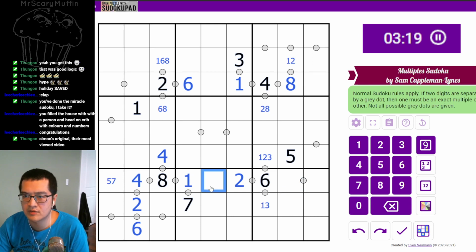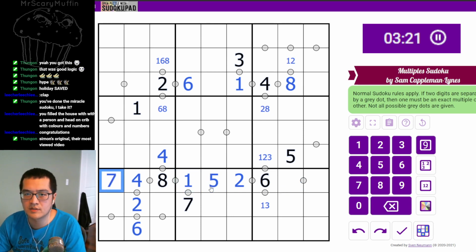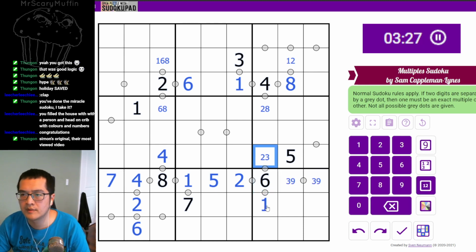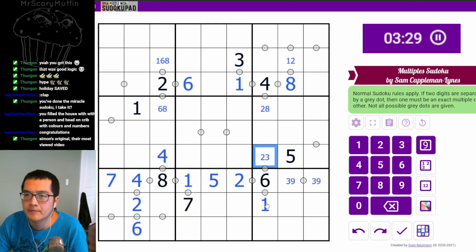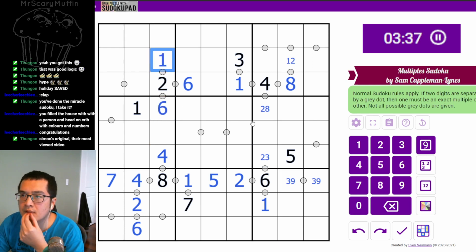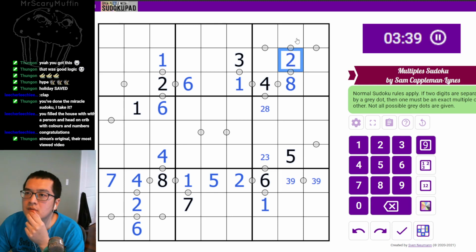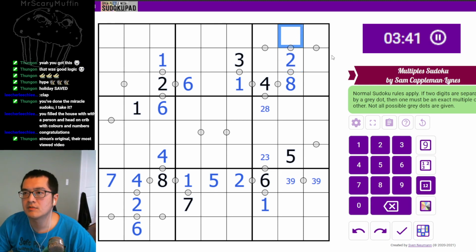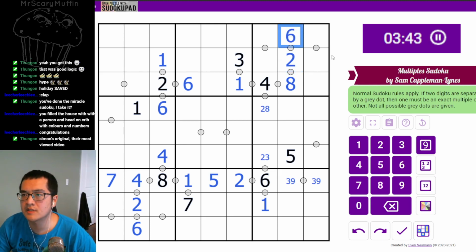So this is the other 5 or 7. 7's already there, so that's a 5. That's a 3, 9. Which means that can't be a 3, so that's a 1. Oh, there's already 8 on this line. So that's only 1 there. That means that's 2. 2 is 1, 4, 6, 8, so that's 6 again.